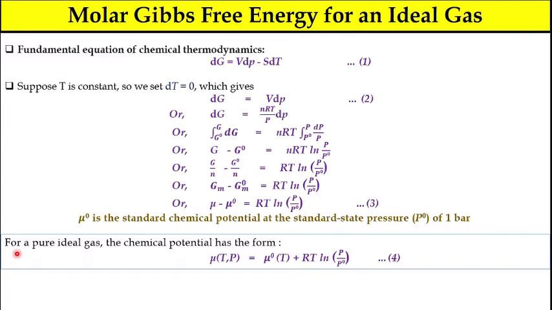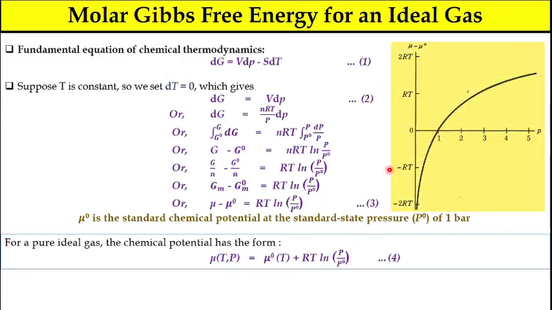Therefore you can write, for a pure ideal gas, remember, this is for a pure ideal gas, the chemical potential has the form mu(T, P) = mu0(T) + RT ln P by P0. So here you can see mu depends on temperature and pressure, and mu0 only depends on temperature. So this is equation number 4.